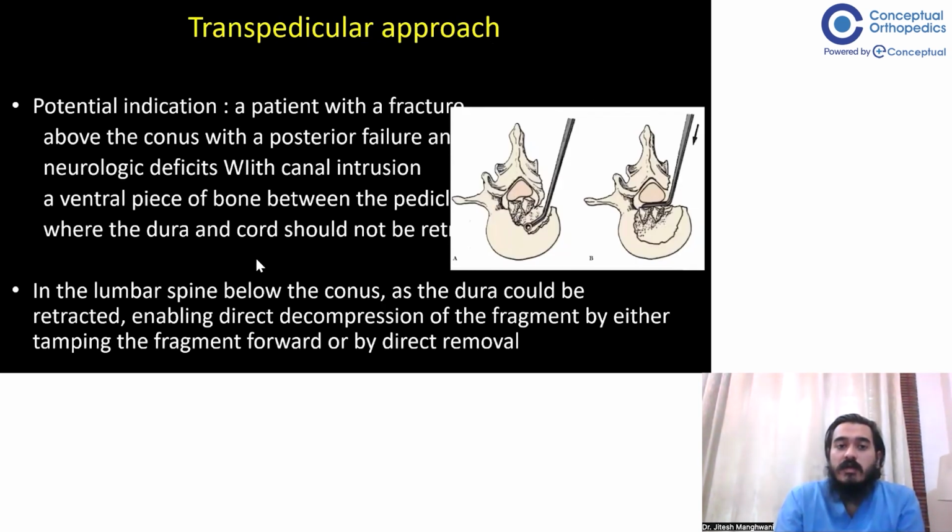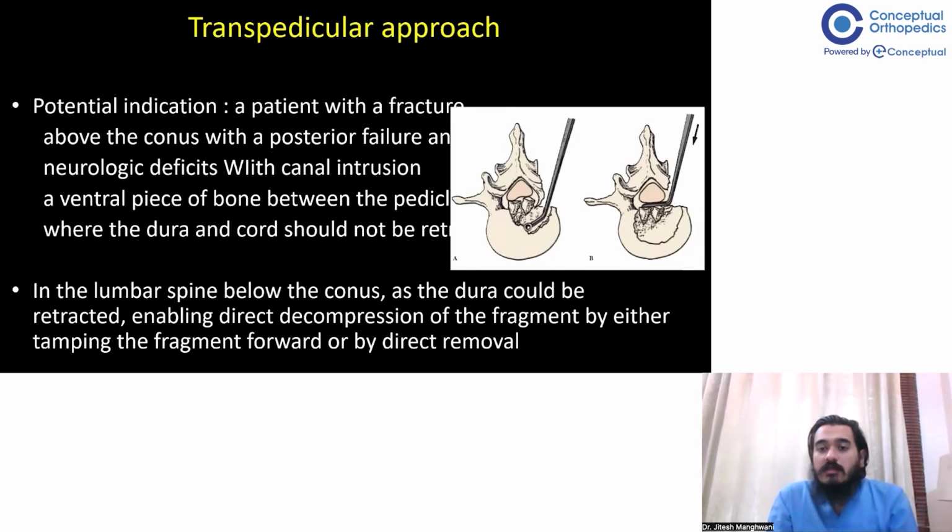The transpedicular approach is a potential indication for a fracture above the conus level with a posterior failure and deficit with canal intrusion. That is, whenever the patient has a fracture above the level of the conus, when the spinal cord is involved. Why above the conus? Because there the spinal cord occupies a majority of the spinal canal, and already it is compressed as you see over here by the fracture fragments, and we cannot afford any iatrogenic compression further, because these are very critical areas.